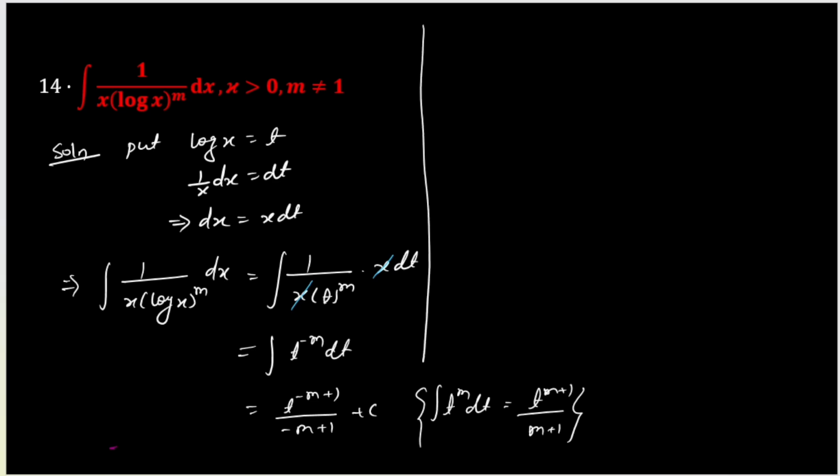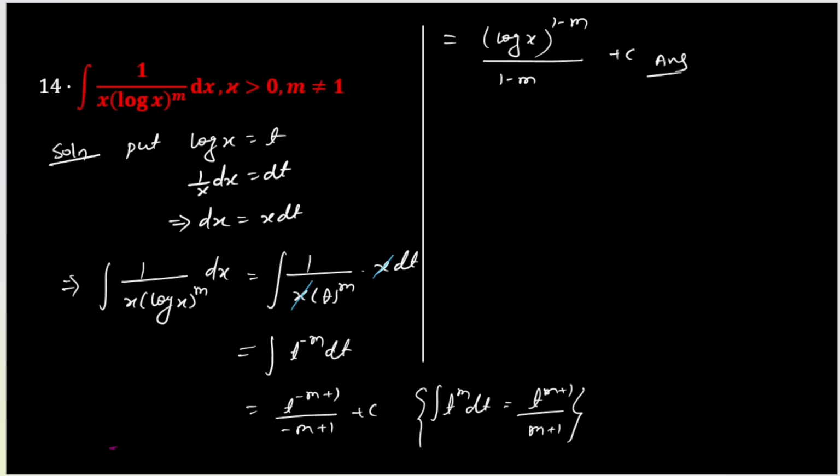Next, t is replaced in terms of x, we get (log x) power 1 minus n by 1 minus n plus c. This is your answer.